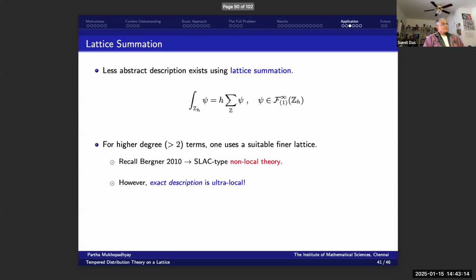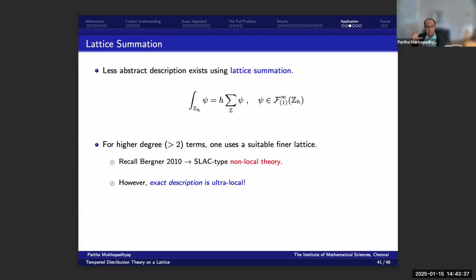And that is what Bergner did in some sense. So if you write a theory where higher powers of fields are present, you just write a finer lattice expression, which is equivalent to that lattice integral. And that is how you would get Bergner's expression. So that finer lattice technique is an overlap between this and what Bergner did at that time.